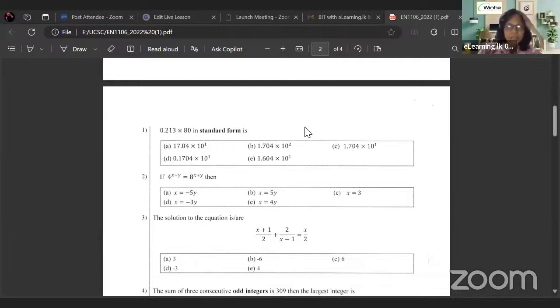It says 0.213 into 80 in standard form is, but again, it asks you to find the standard form of the given mathematical expression.